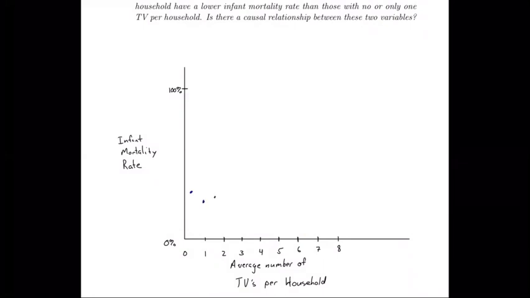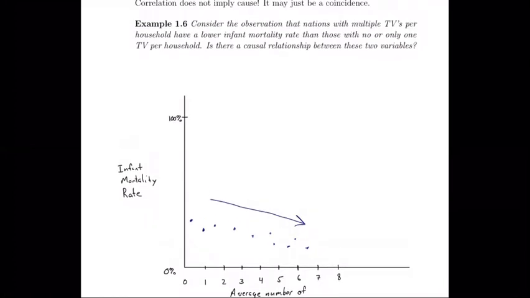And each of these dots is representative of a nation, and we're just kind of making it up. It's not likely that any nation has anything more than 6 televisions per household on average. That seems like a lot. Now, this is our scatter plot, and what it seems to be suggesting, and we're just representing what's being stated in the problem above, is that there's a negative correlation.